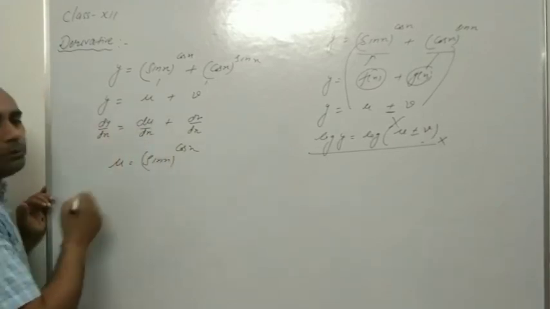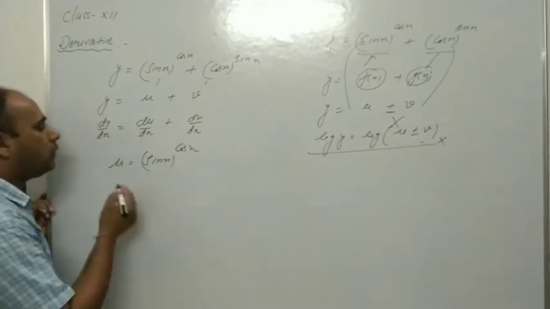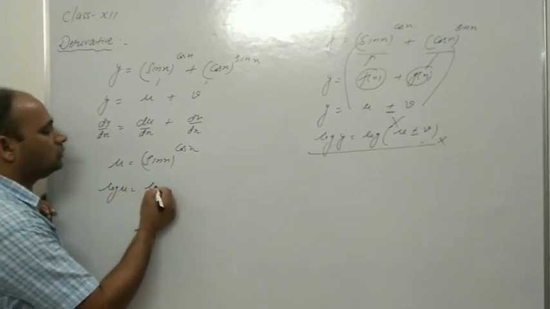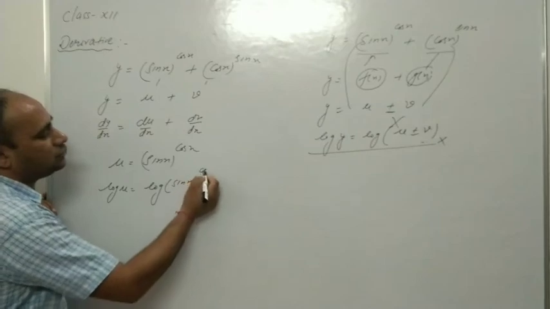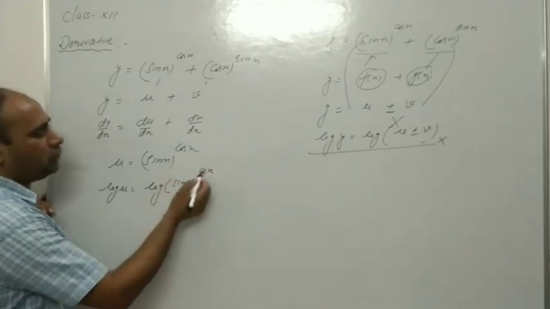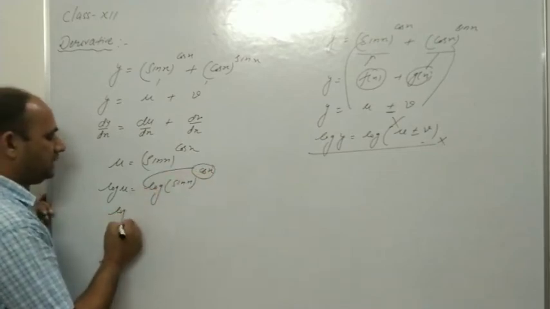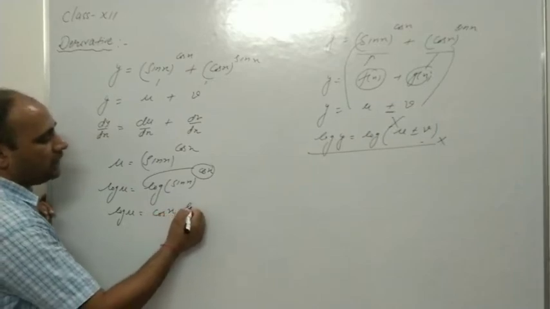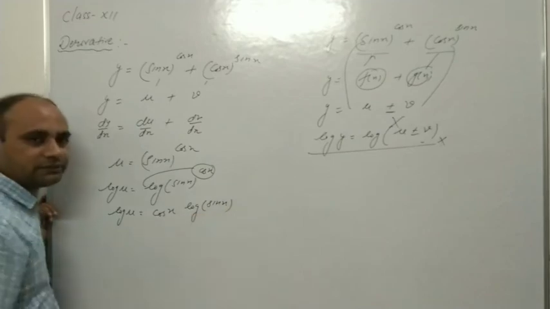So how will you solve such a problem? Taking log on both sides. So log u is equal to log of sin x raised to the power cos x. And you know the property of log, power converts into multiply. So log u is cos x into log of sin x.